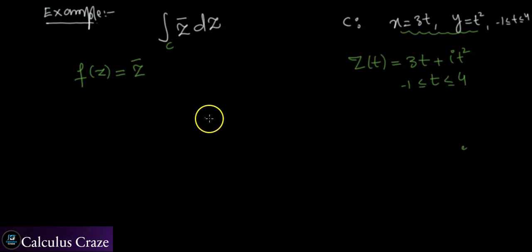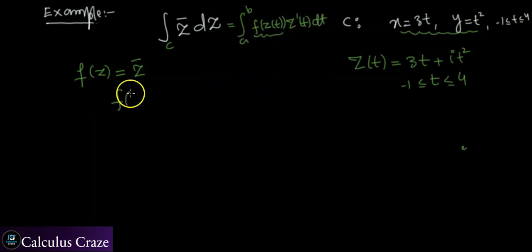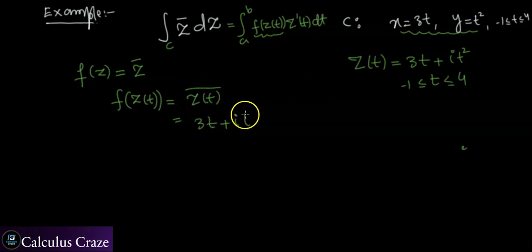So recall the formula. The formula says that you have to calculate from a to b the integral of f of z of t multiplied by the derivative of z with respect to t dt. So let's first compute f of z of t. So my f of z of t is going to be equal to z of t conjugate. You know that z of t is 3t plus iota times t square, conjugate.